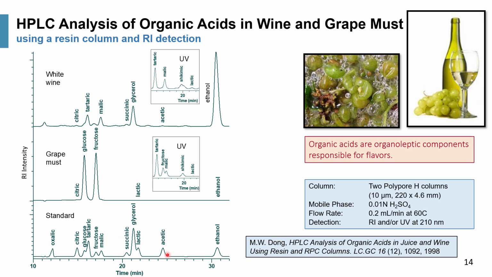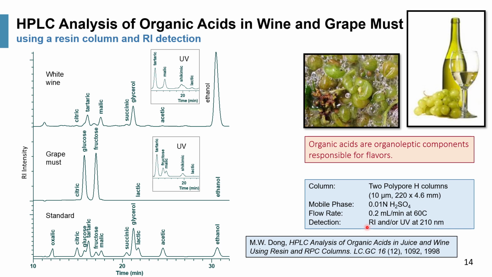Shown here is the use of, once again, a resin column, but this time not in the calcium counter ion form, but with hydrogen as the counter ion. Shown here is a standard of the organic acids, and one can use either refractive index detection or low UV detection.